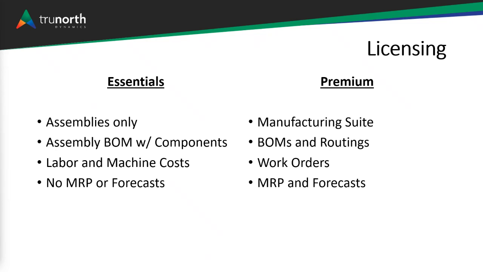So in terms of licensing, if you have an Essentials license today, you can create assemblies, or kits is another way to think of those. There is a bill of material that goes along with that assembly item. That would include the various components and raw materials. You can also add to your assembly bill of material values that would represent labor costs, for someone who's doing the assembly work or putting together the kit.